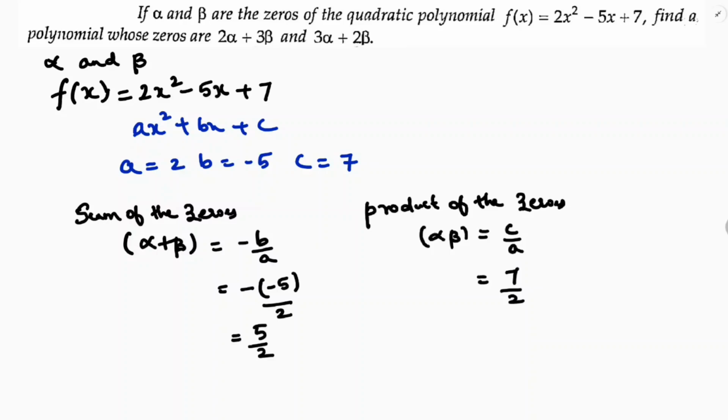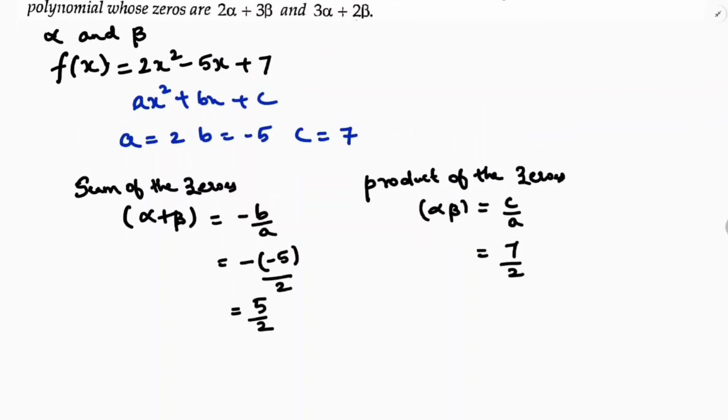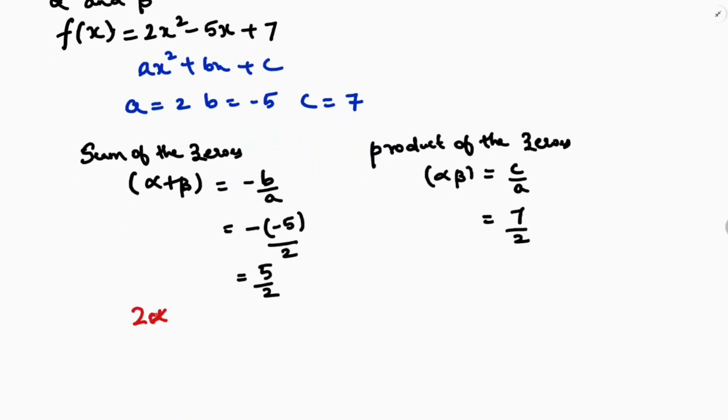Now I should find a quadratic polynomial whose zeros are 2 alpha plus 3 beta and 3 alpha plus 2 beta.